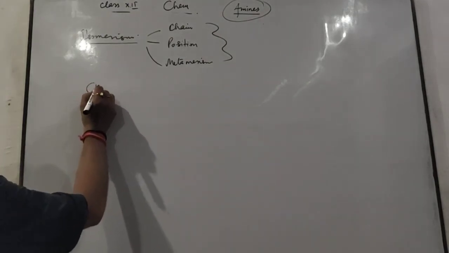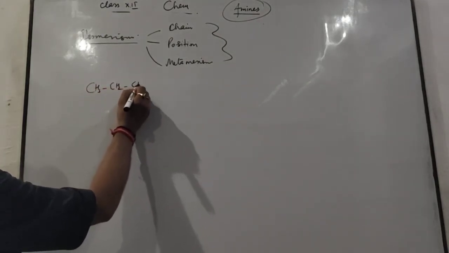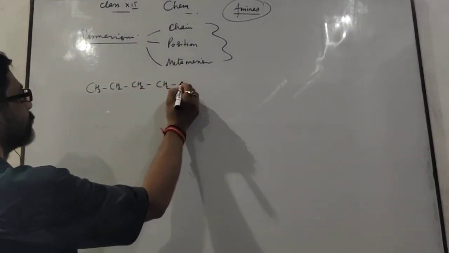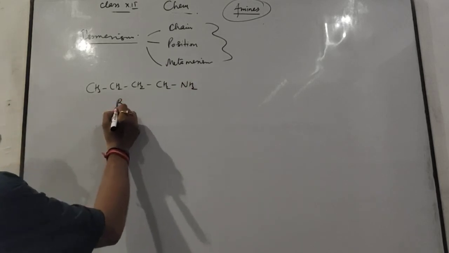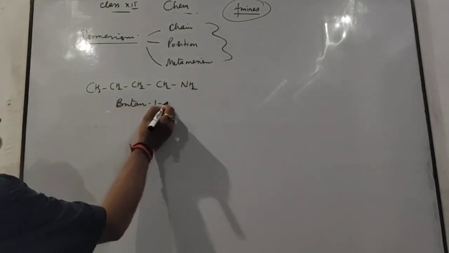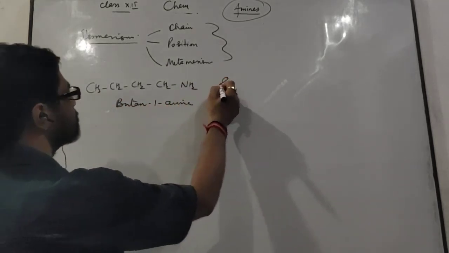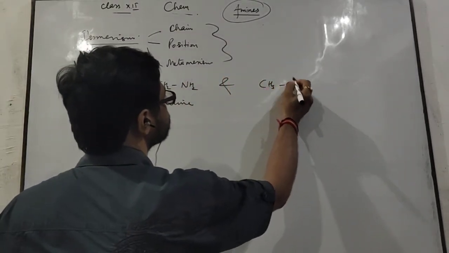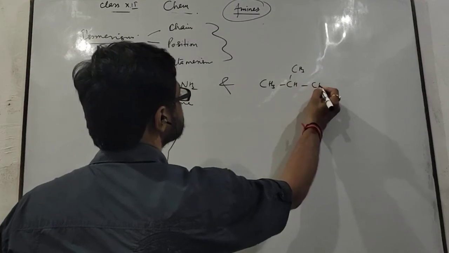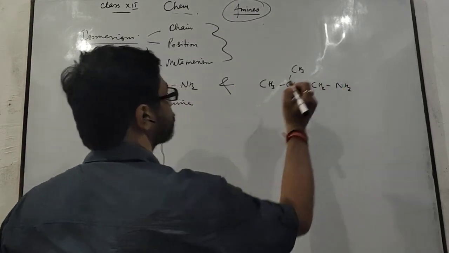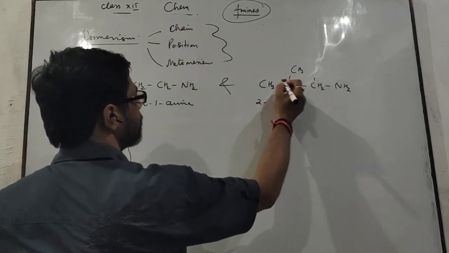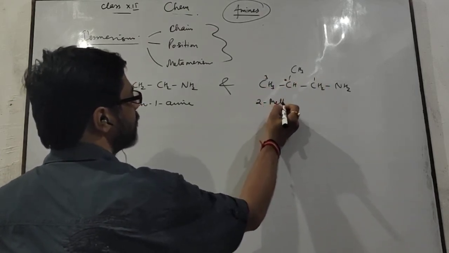See here examples of each type: CH3, CH2, CH2, NH2. This one is butane 1 amine. Its chain isomer will be like this. This one CH2, NH2. This one is first, second, third carbon, 2-methyl.